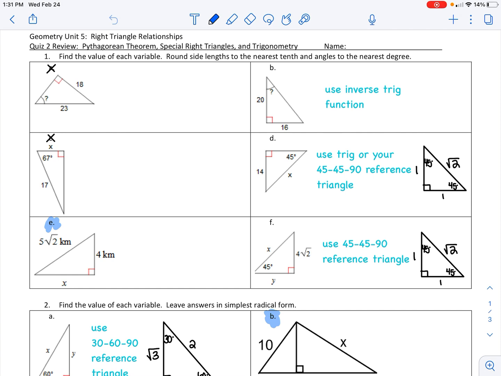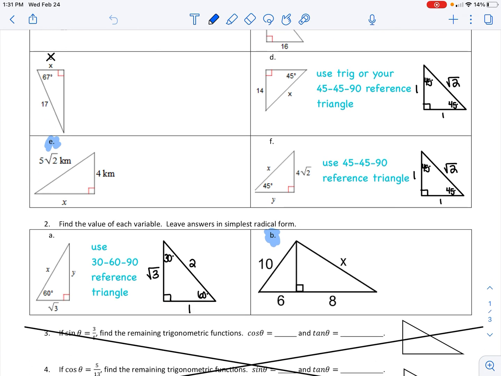For D, you're going to use trig or your 45, 45, 90 reference triangle, and I went ahead and put that there as well. And then for F, you are going to want to use your 45, 45, 90 reference triangle on that one as well. So I put the reference triangle there for your reference. I said reference twice.